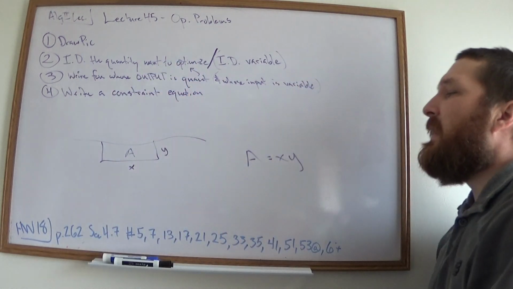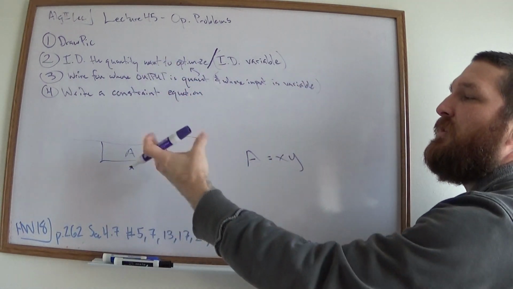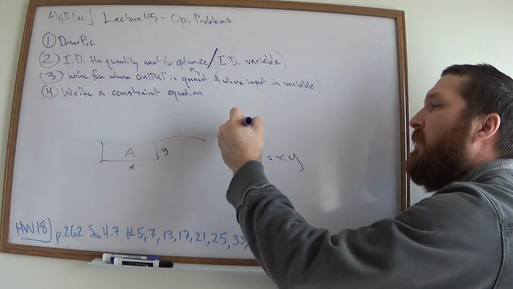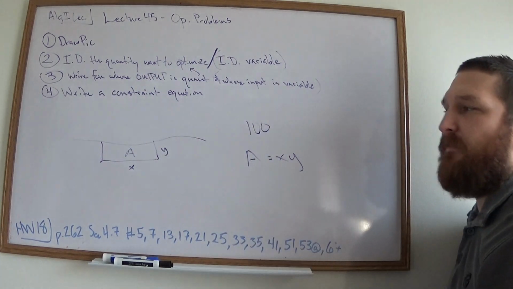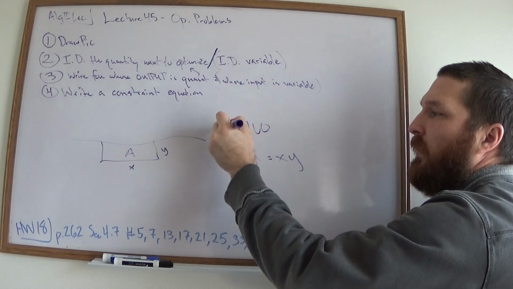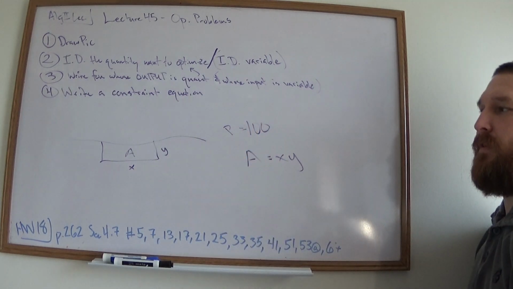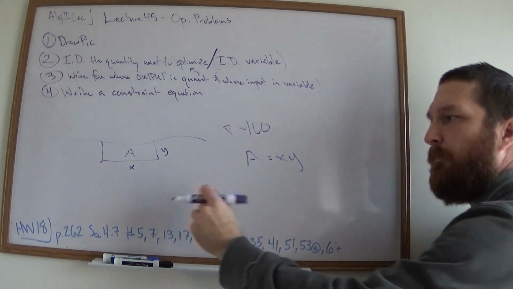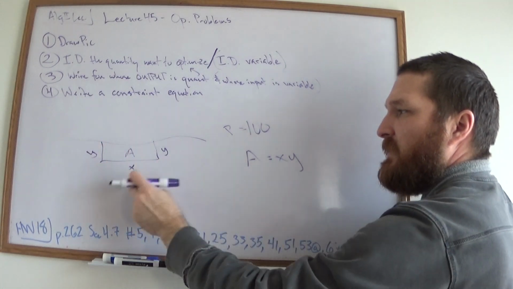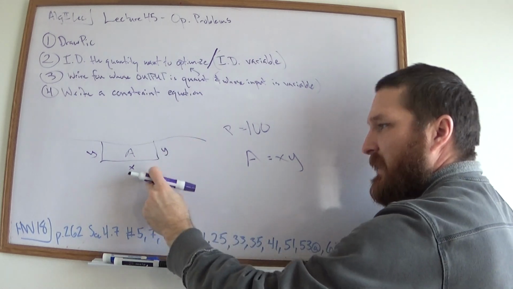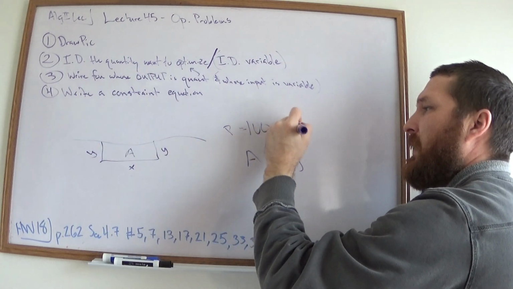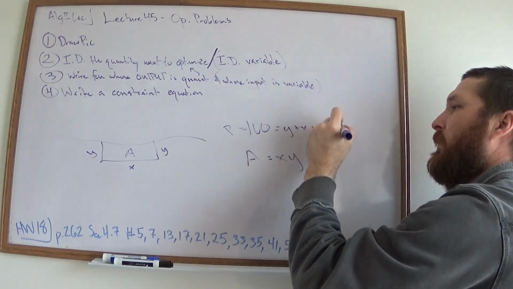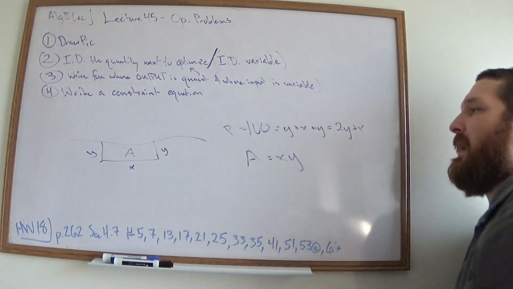Write a constraint. Now in this case, it's usually given that the farmer has a total of 100 feet of fence, so that the perimeter is 100. And so then the constraint would be, I guess this is y and this is x, whatever y plus x plus y is, or in other words, 2y plus x.